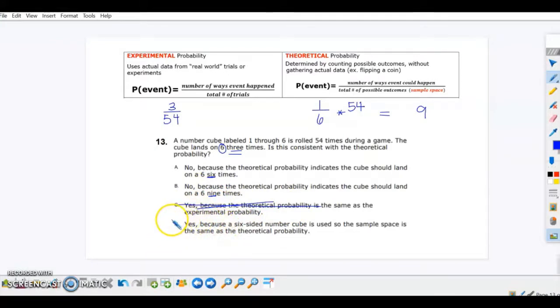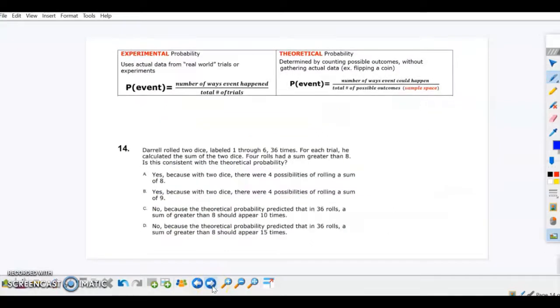And I don't even know what that one's saying. So the answer to this one would be it should land on a 6 9 times, theoretically, if you roll a die 54 times. But this was only 3 times. So they're not always going to be the same because experimental is what actually happens. Theoretical is what we would kind of guess would happen.